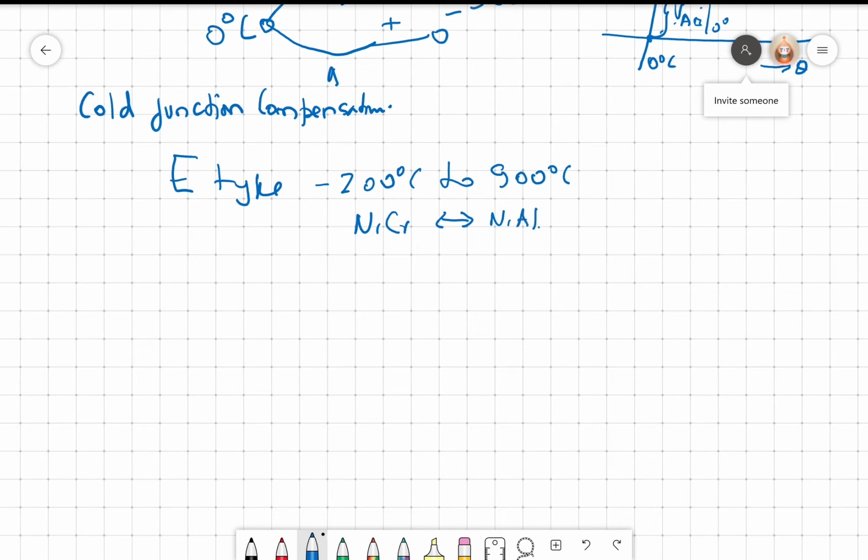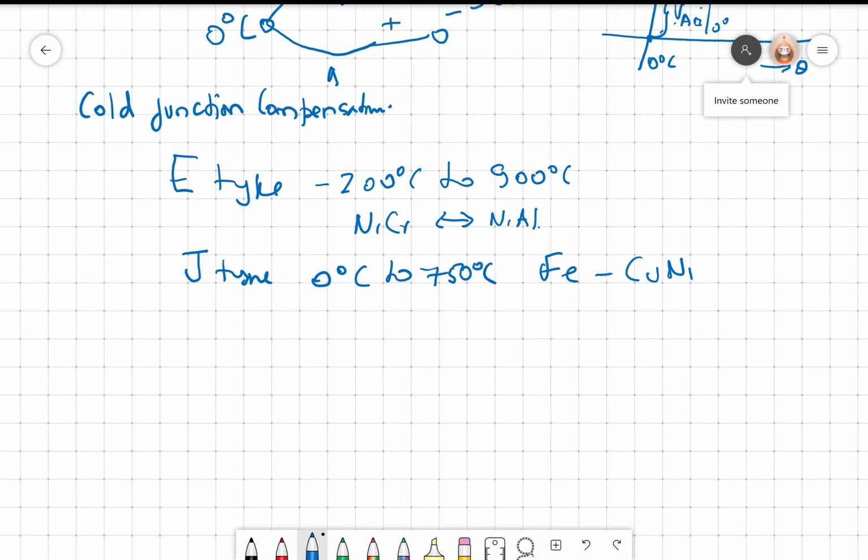So there are different types of thermocouples. For example, we have the J-type thermocouple, which goes from 0 degree centigrade to 750 degree centigrade usable temperature, and the material is iron and constantan, which is nothing but copper and nickel.